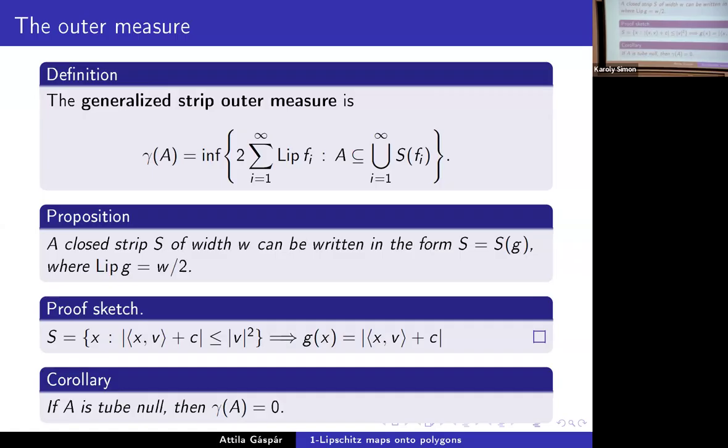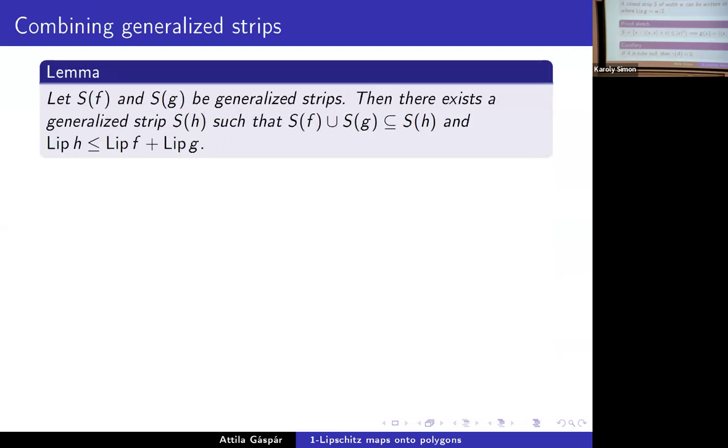So now we know that gamma of the boundary is 0, but we still need to find some way to combine these generalized strips. And for that, we need the following lemma. Assume that we have 2 generalized strips. Then we can cover their union by a third generalized strip in such a way that the Lipschitz constant of the function h is at most the sum of the Lipschitz constants.